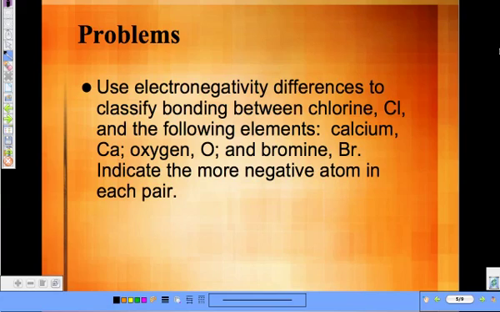So if we have chlorine and calcium, we just saw that chlorine's 3.0. What's calcium? 1.0, so what's the difference? 2.0, so what kind of bond is it? Ionic. And which one's more negative? Chlorine.